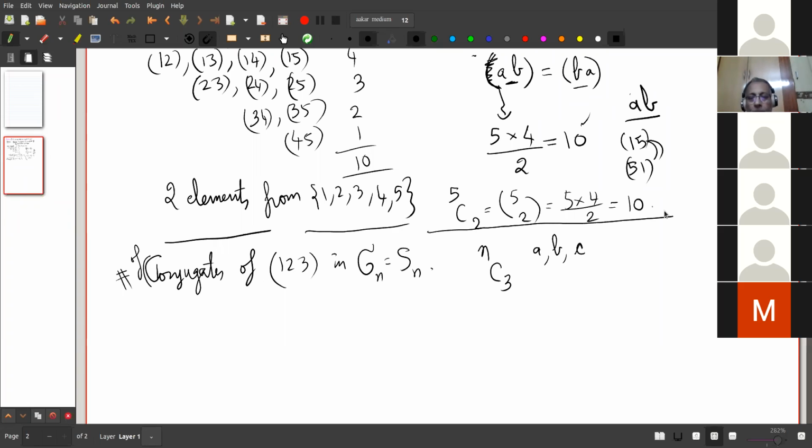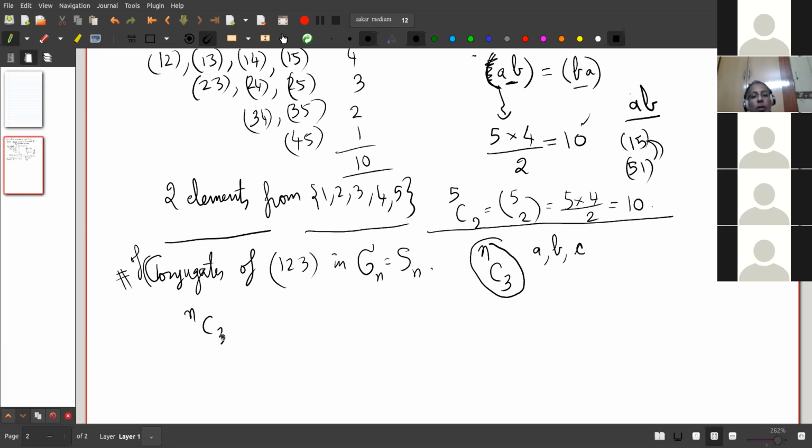So with 3 elements A, B, C, how many 3 cycles can I form? NC3? Well, no, you have to be a little more careful. What NC3 gives you is the number of subsets of cardinality 3, or order 3, of 1 through n.